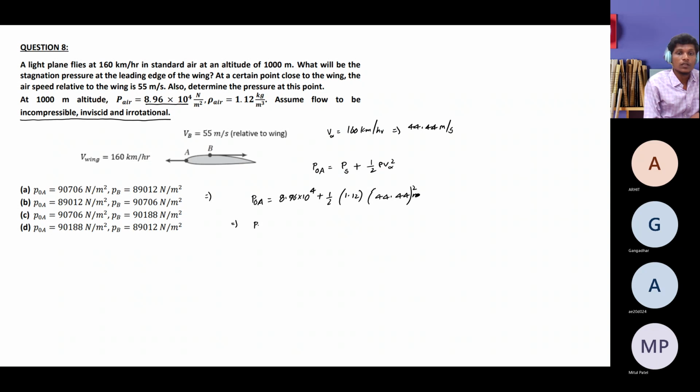After substituting, we get the stagnation pressure at the leading edge equals 90705.9 Newton per meter square. So the first thing, the stagnation pressure, is done.